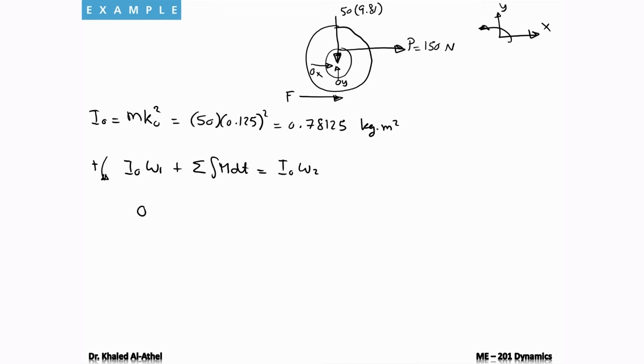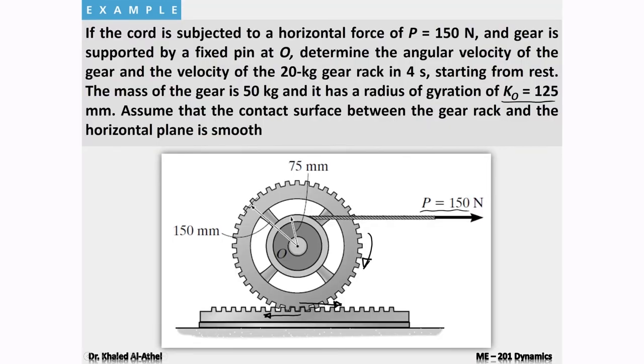Now let's look at the forces and moments acting on this. Force F is going to give me a positive impulse because it's going to give me counterclockwise. So it's going to be plus the force F multiplied by the radius to make it a moment. And the radius in this case will be from here to here, which equals 150.